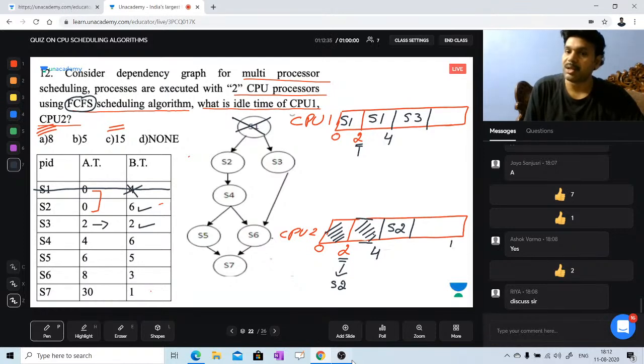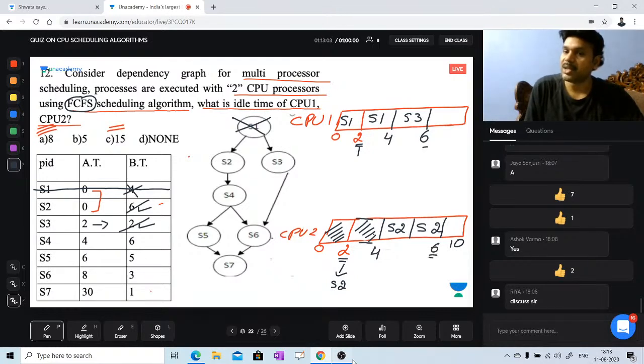So up to 10 it is able to run, but S3 is running only 2 units of time. Please understand carefully. So up to 6 it has run. After that CPU1 is idle. But see that CPU2 is still busy with S2 for the other 4 units of time, so you can match there and here up to 6.